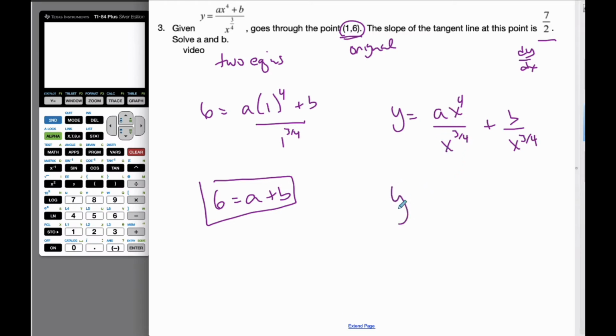Simplifying this, if I move this fraction up, it's 4 subtract 3/4. Well, 4 is 16/4 minus 3/4 will be 13/4 on top, plus bx to the minus 3/4.